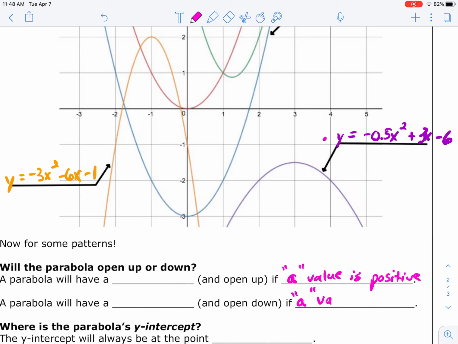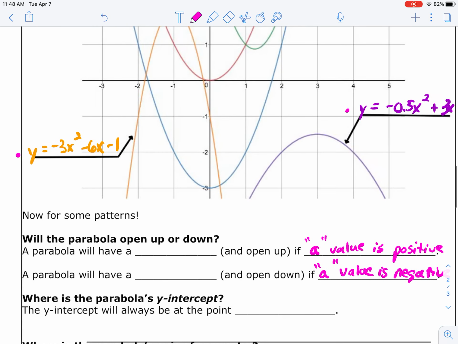So if the A value is negative. So what we're filling in the other blanks here is that the parabola will have a minimum, so it will have a bottom, in other words.